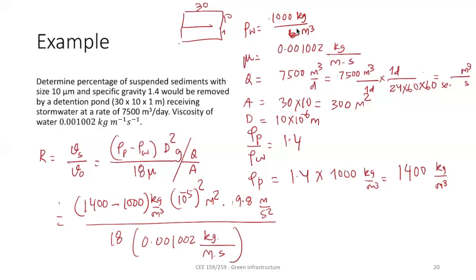Then from this one you can calculate: area will be on the top side, so that will be 300 meter square divided by the flow rate. The flow rate you have from the equation here, in meter cube per second.